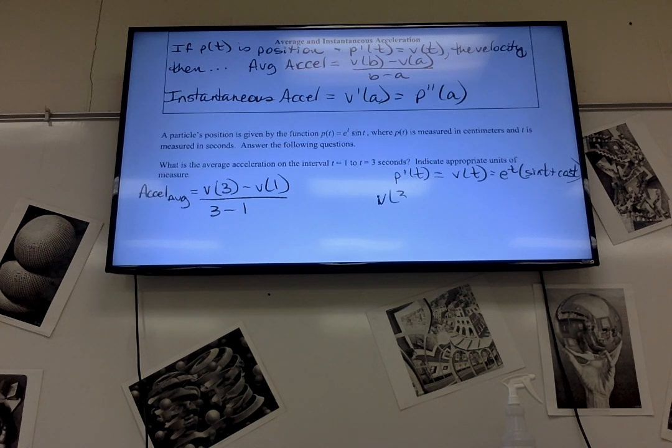So velocity of 3. Did we do that on the other page? No. Velocity of 3 is e to the third times the sine of 3 plus cosine of 3.